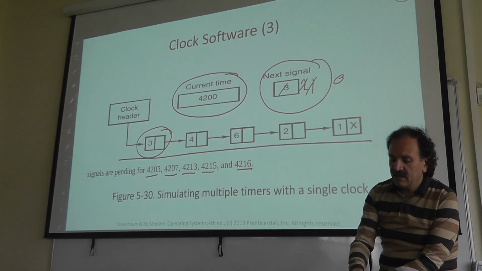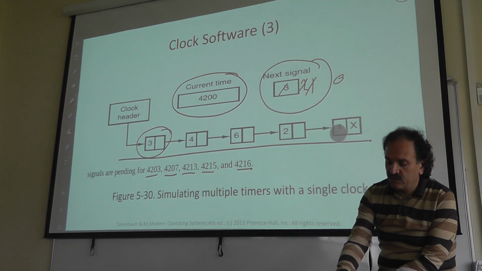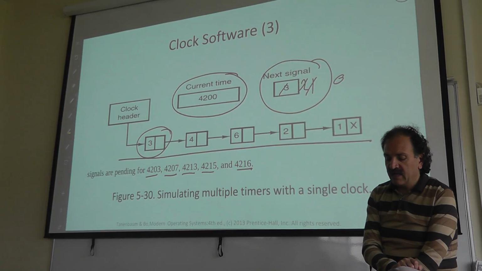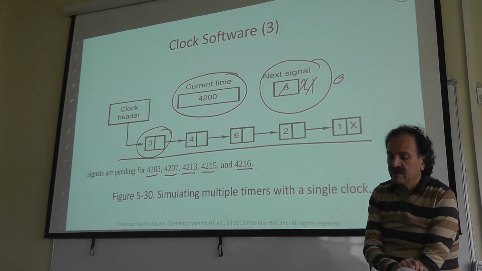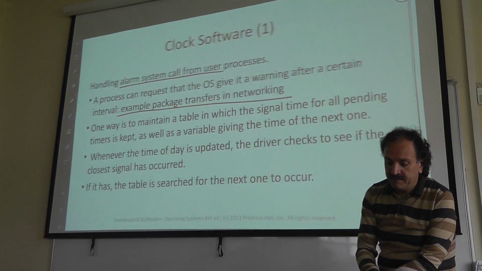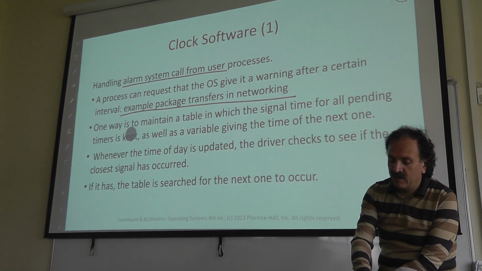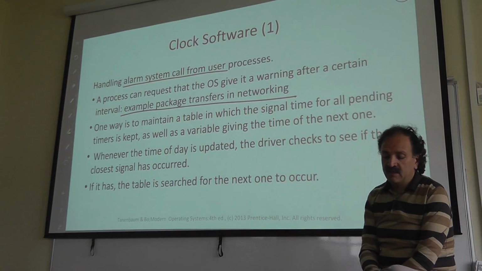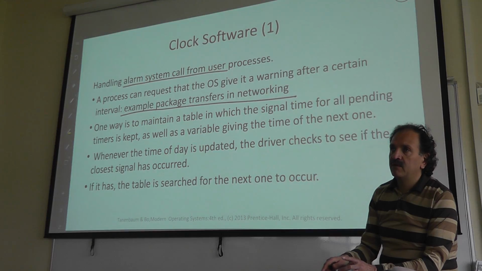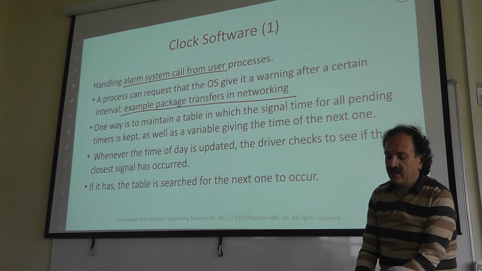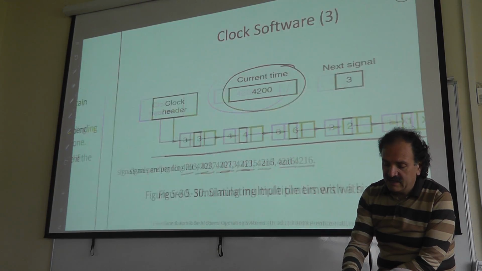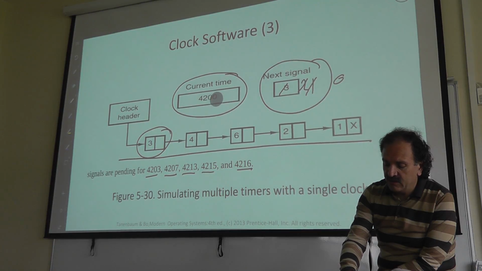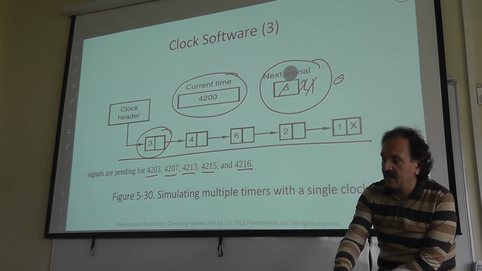Then all the rest of the fields are updated, so that we would know when they will be woken up. So this is how we keep these system alarm times. You keep them in a table or in a linked list, and there is the current time, I know this one, and there is the next signal, I know this one.